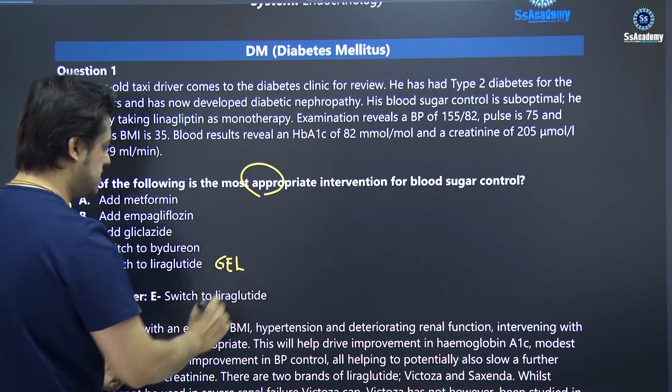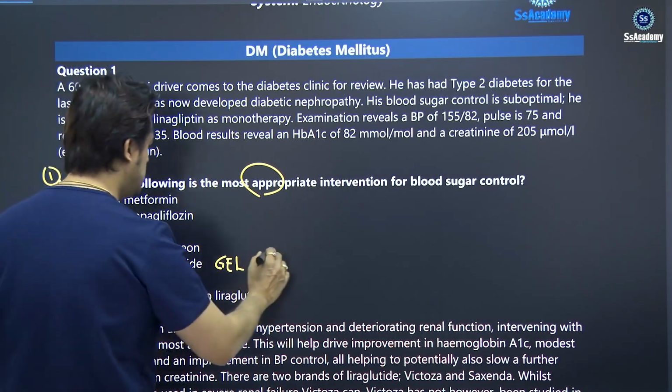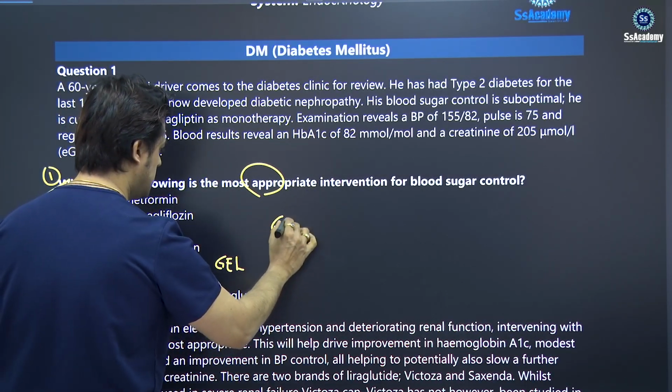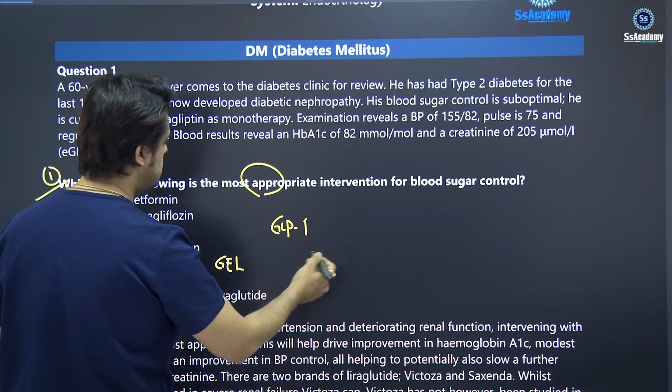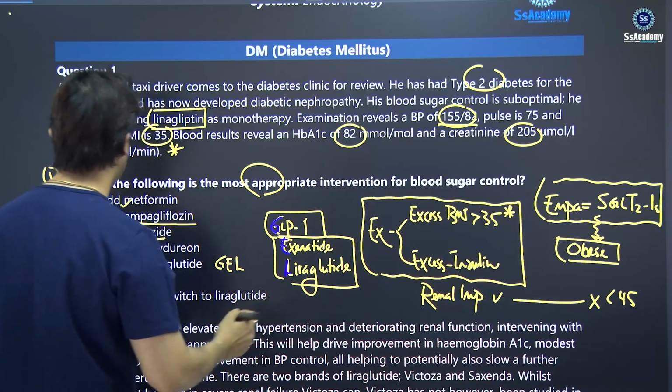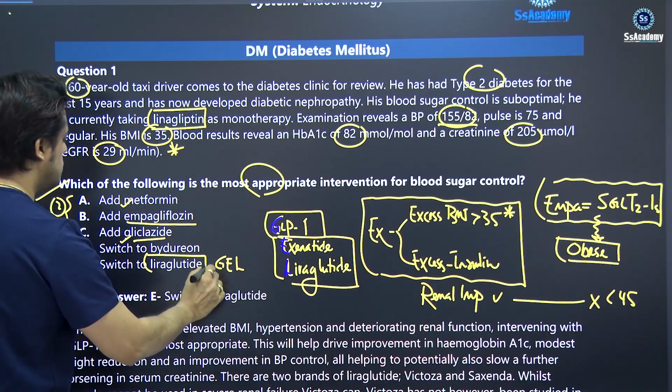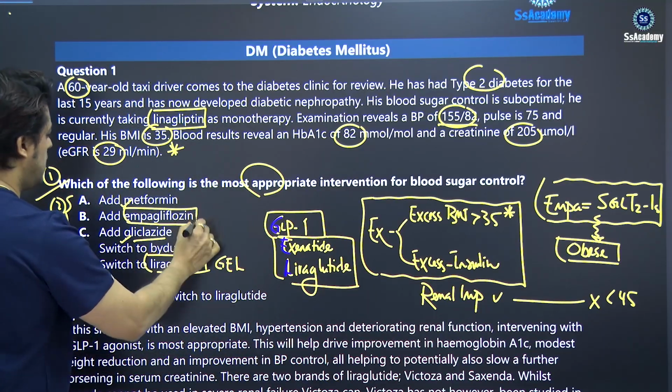Gel minder is an SS box. Gel means the G for GLP-1 receptor drugs minder. You can use the two important drugs like the liraglutide or maybe the empagliflozin.